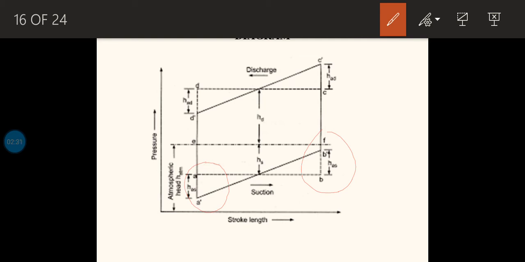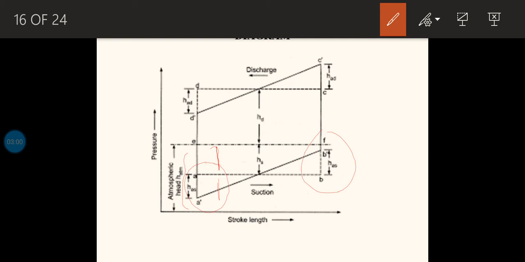So at the suction stroke, the acceleration head is added to the already available head within the cylinder. We can see from the ideal indicator diagram that the initial head inside the cylinder is nothing but HS, the suction head. Along with that head, the HAS value also will be added, and at theta equal to 0 degrees HAS has its maximum value. So at the starting of the suction, the pressure head inside the cylinder will be HS plus HAS below the atmospheric pressure.